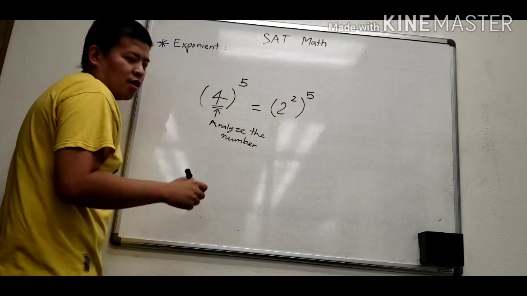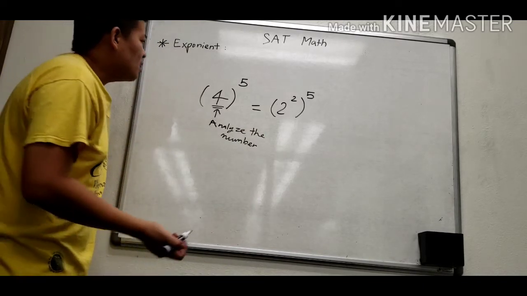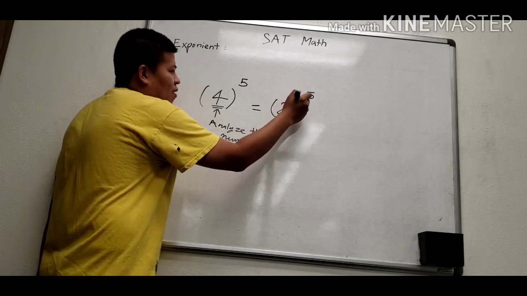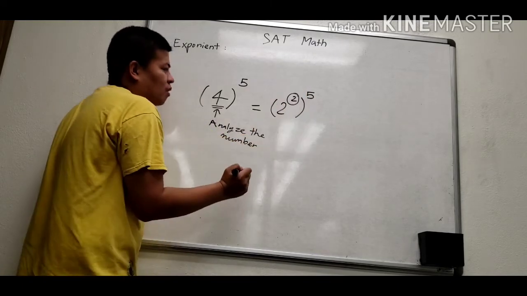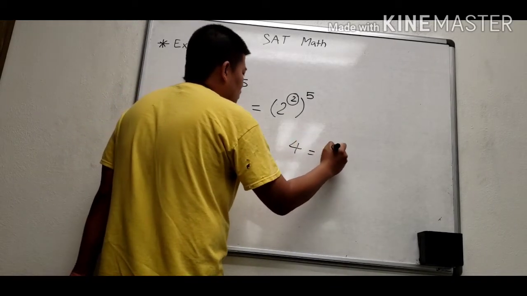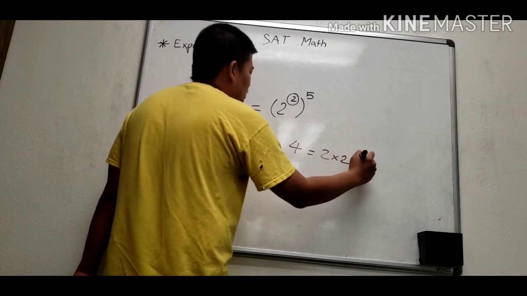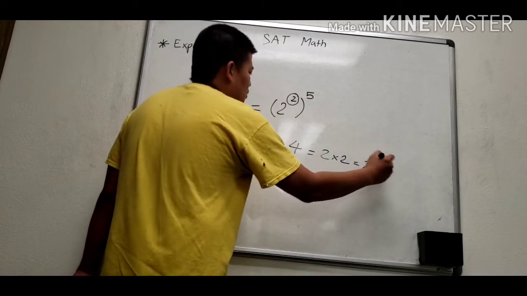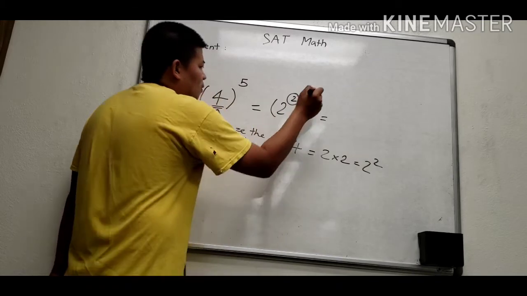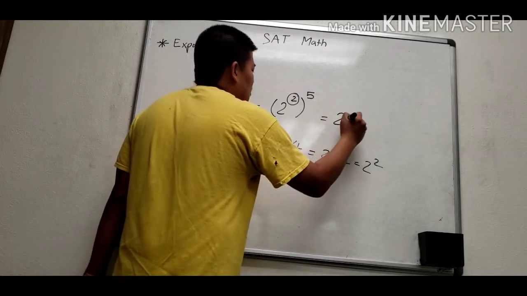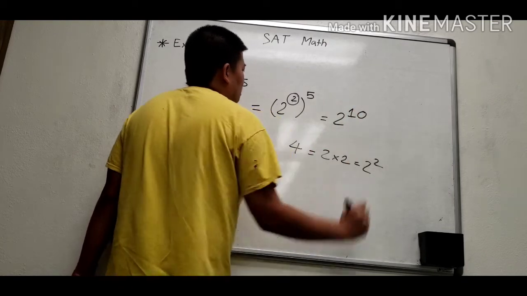This means that you want to figure out what the number is in here, and you can have the exponent for the power. For example, we have 4 equal to 2 multiplied with 2, and we know that 2 multiplied with 2 is 2 power 2. And this one we have 5 and 2 in here, they multiply together so that we have 2 power 10.